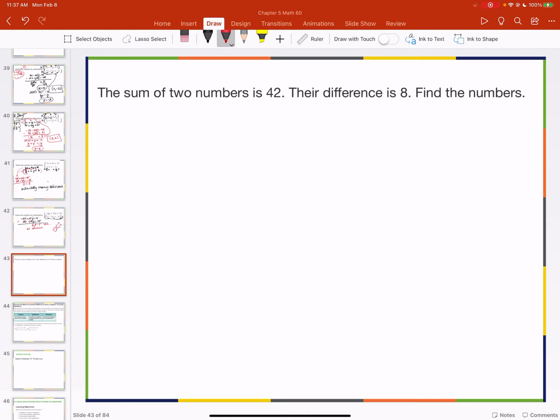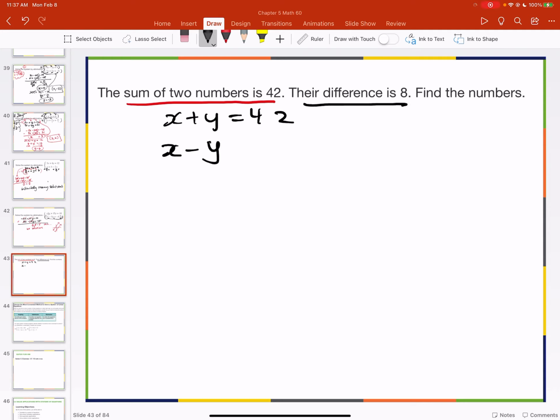Okay, so let's go ahead and do a word problem because we love word problems. The sum of 2 numbers is 42. So x plus y equals 42. Their difference is 8. x minus y is 8. Find the numbers. We're going to go ahead and eliminate the y because that's easiest. So 2x is equal to 50.